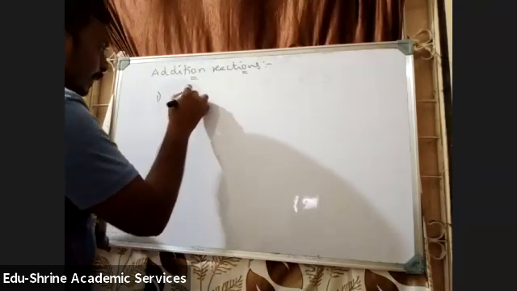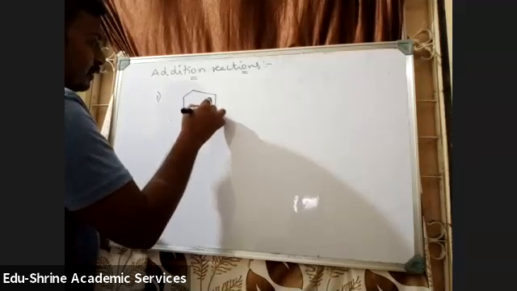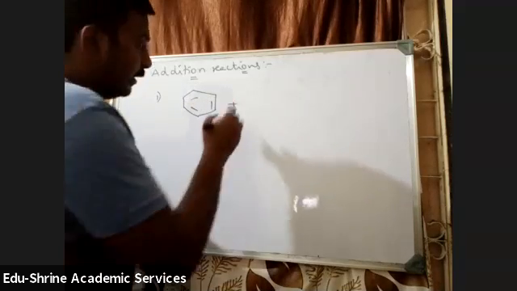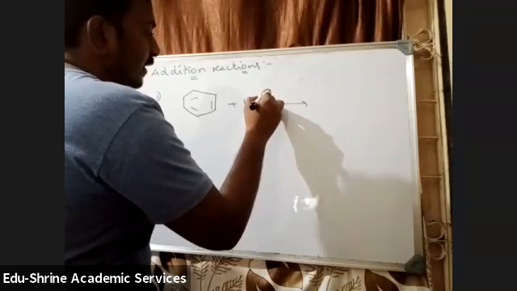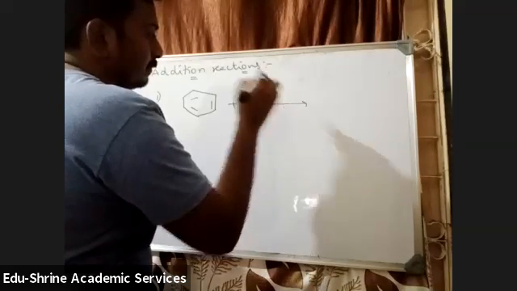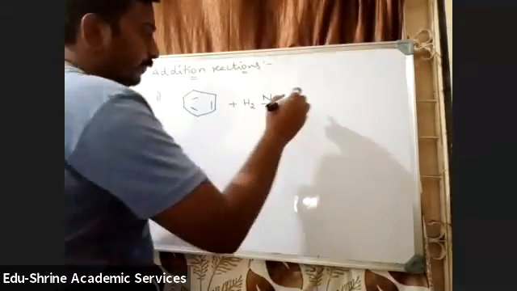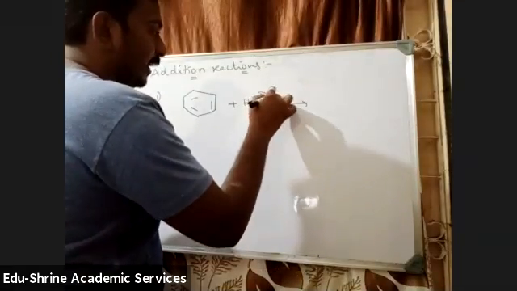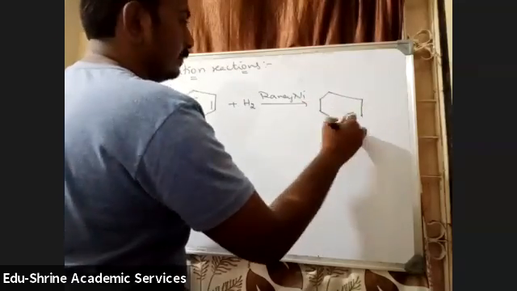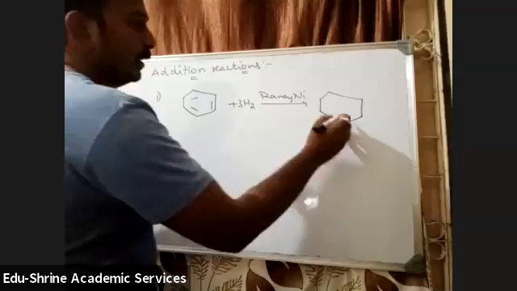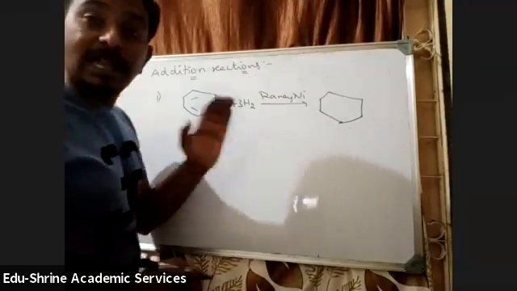First one is, to this benzene, if I add hydrogen in the presence of nickel, Raney nickel, powdered form of nickel, then 3 moles of hydrogen is required, so that it will be converting into cyclohexane.